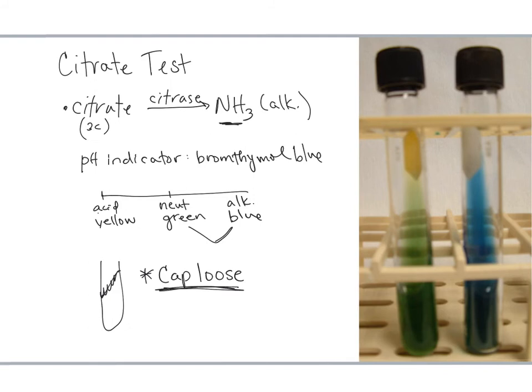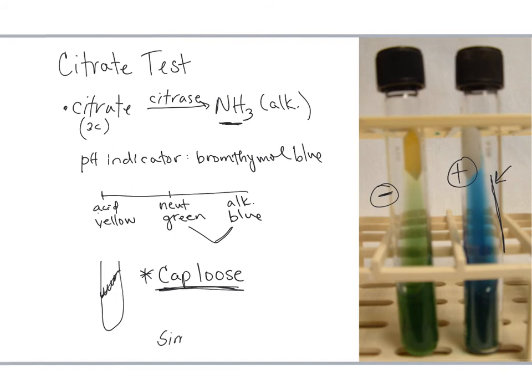All right, so leave the cap loose, and for a positive test after incubation, we don't need to add any other reagents. We're looking for a nice Prussian blue color change, and sometimes that's just on the slant portion here. So make sure you look at that carefully, turn it to the side. If you see a bluish color change, that's a positive. And here's a negative.